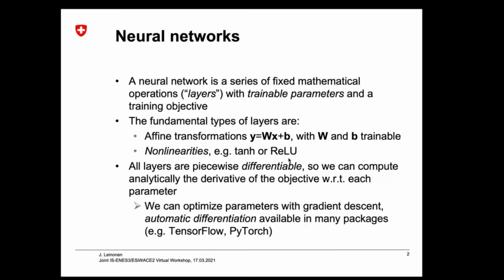And one nice thing to note is that these packages that are usually used to implement neural networks can do automatic differentiation. This is implemented, for example, in TensorFlow and PyTorch. And this means that you don't have to compute these derivatives manually. The libraries will do that for you.